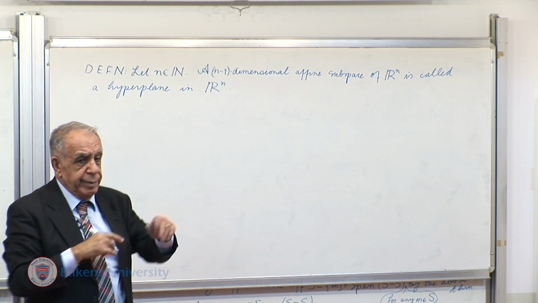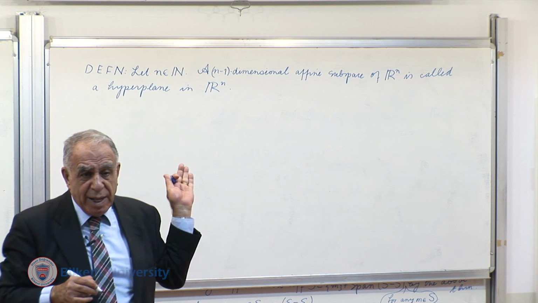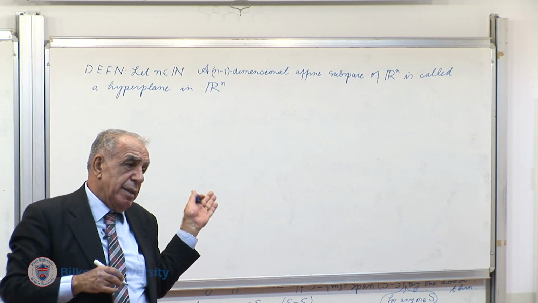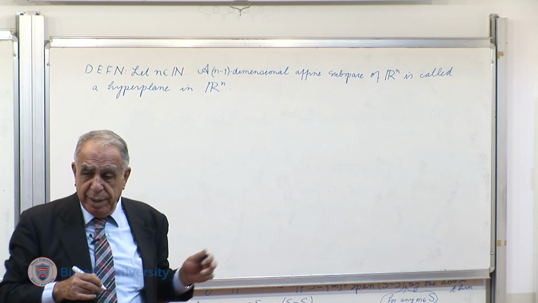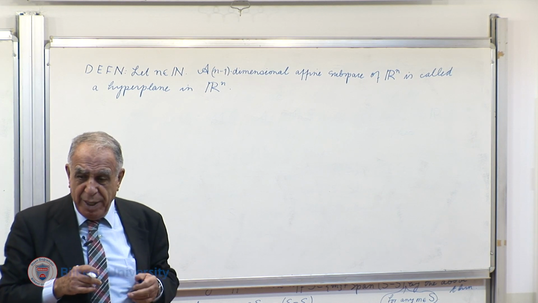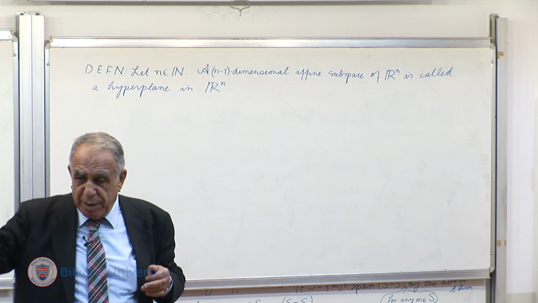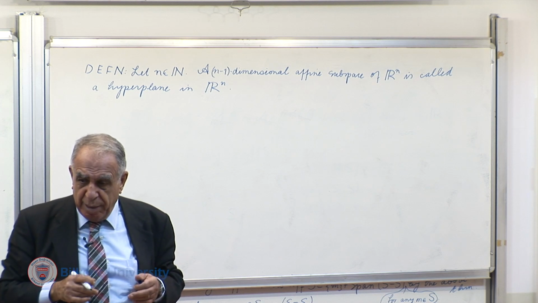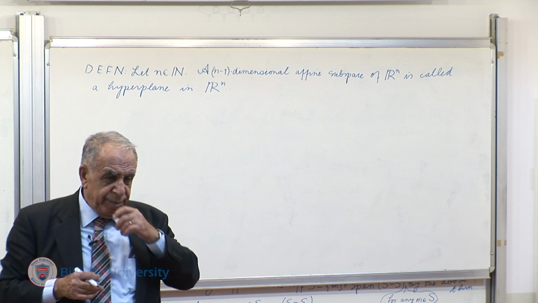Well, if we leave it at this, then a hyperplane will be a singleton from the affine subspace plus some n minus 1 dimensional subspace of Rn.